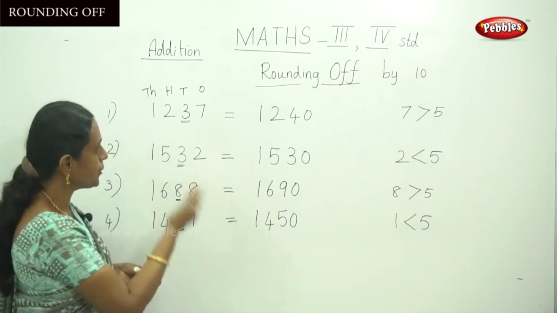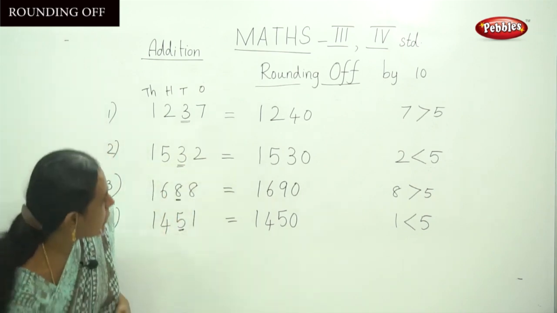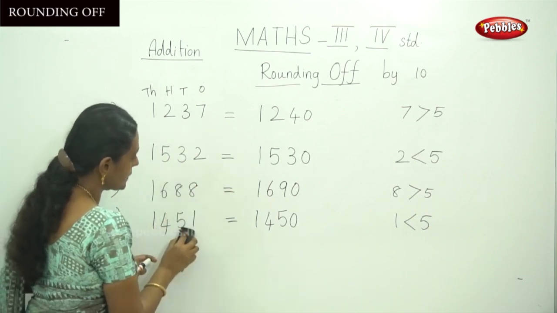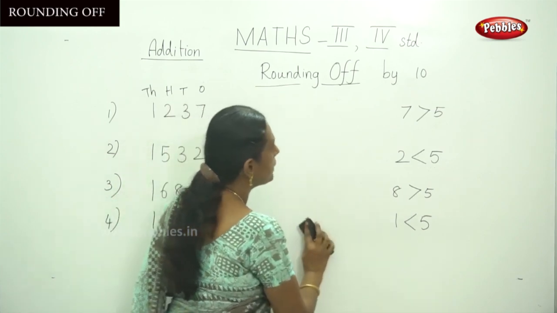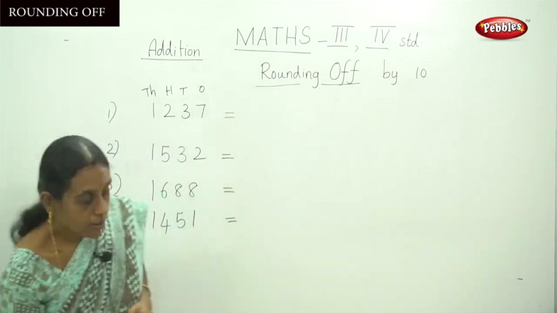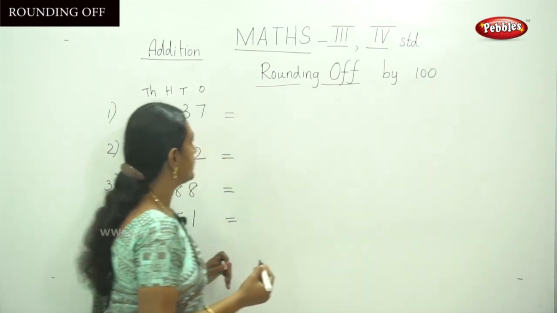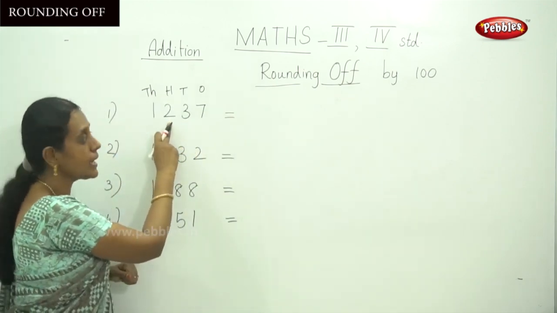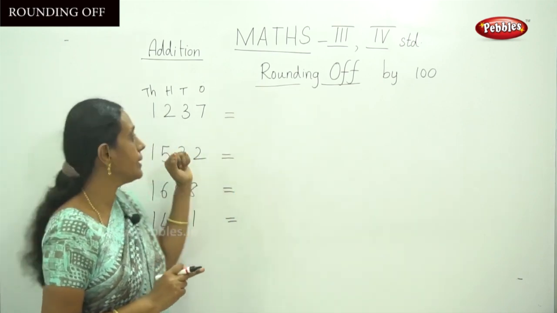Okay, and let me do the same sum for rounding off by 100. Same question you have to take, and change the answer only. Our question is rounding off by 100. Here first you have to observe the hundreds place number, because our question is rounding off by 100.